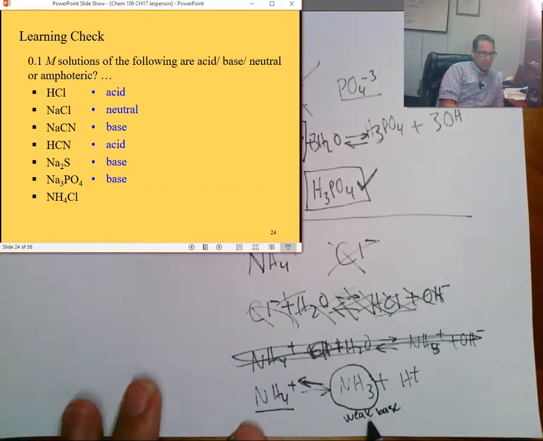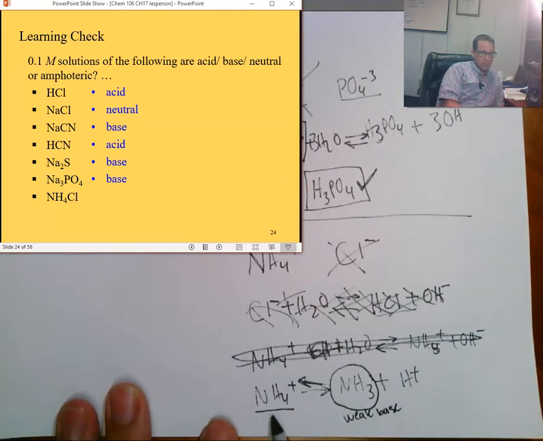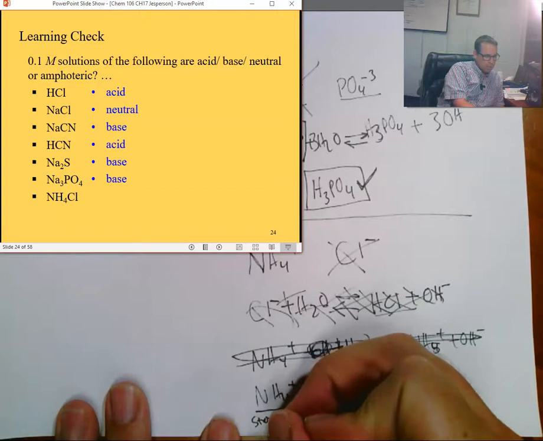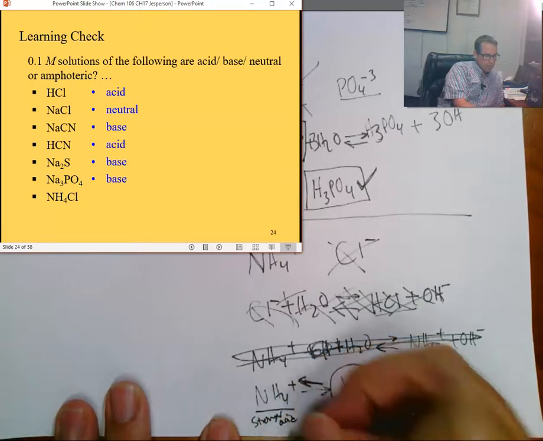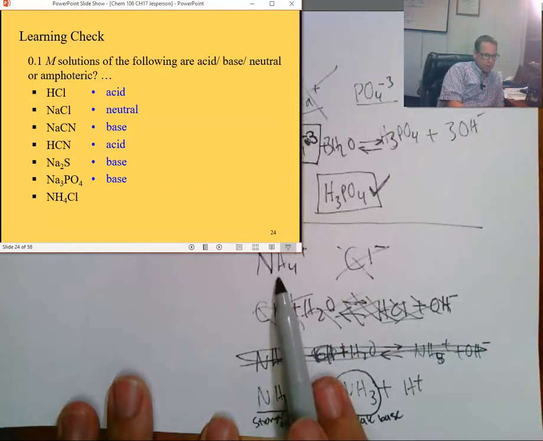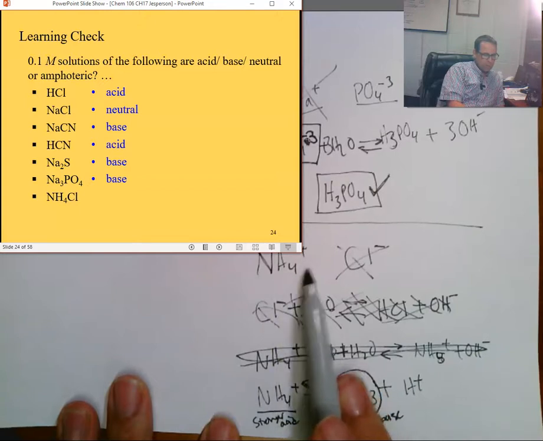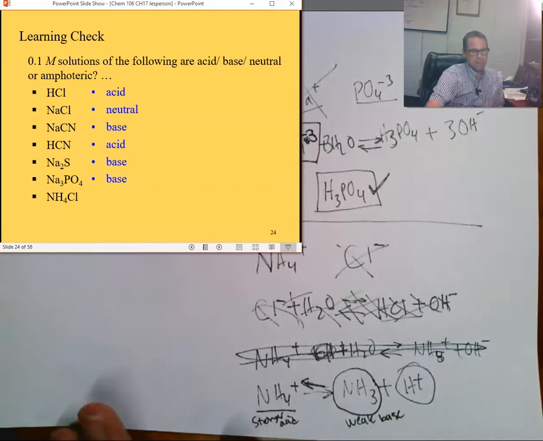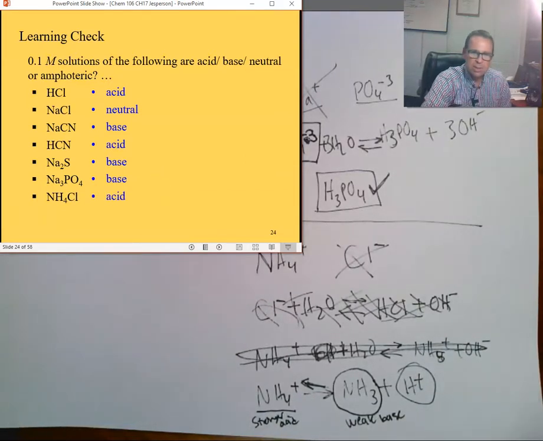Now again, if this is a weak base, Brielle, what does it make this compound over here? A stronger acid. That's right. Very good. Not a strong acid, right? But a stronger acid. So having NH4+ in solution will influence the pH by making it acidic. That H+ will result in the solution being acidic.